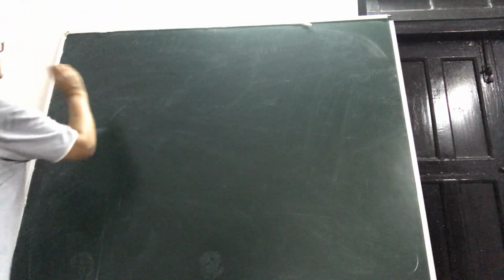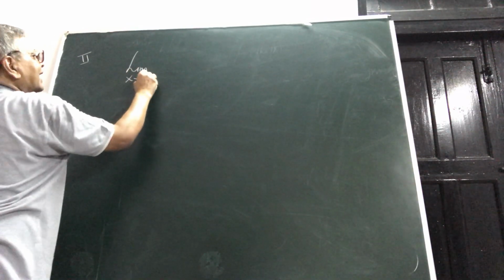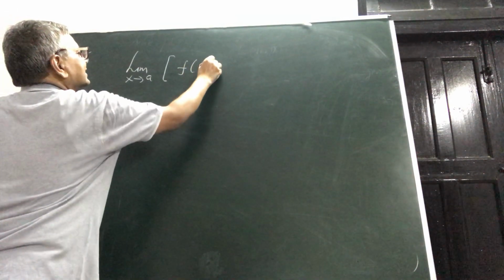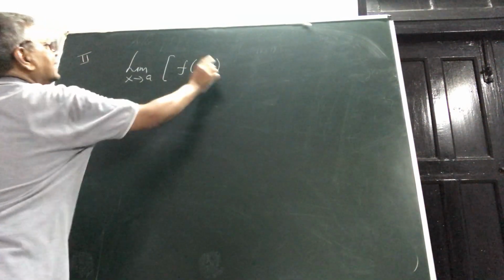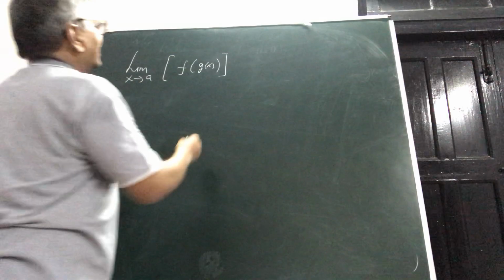So now the second result which we have to prove is the limit of a function of a function. Limit x tending to a of f(g(x)), where g(x) is the internal function and f is the external function. So the limit of this function is equal to what? That we have to understand.